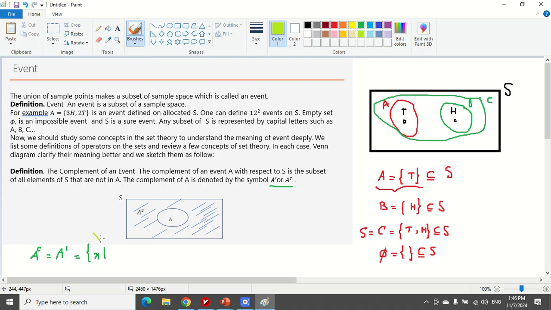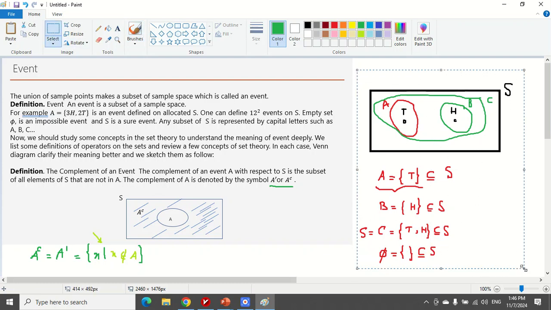We put one vertical line over there to determine the property of the given x. It contains all x, such that this x is not belonging, and not belonging is written with this symbol, to A. So this is the A prime or A complement. Always for determining the set we use this type of notation. It's normally used in set theory.